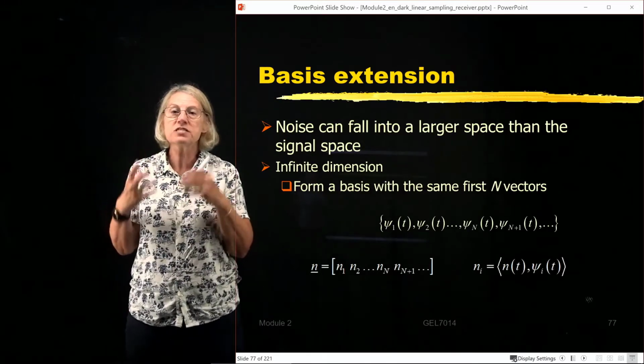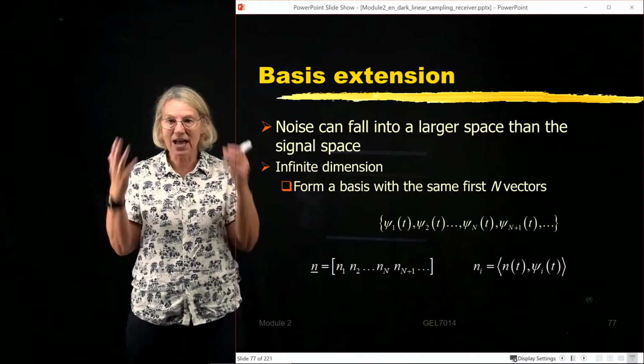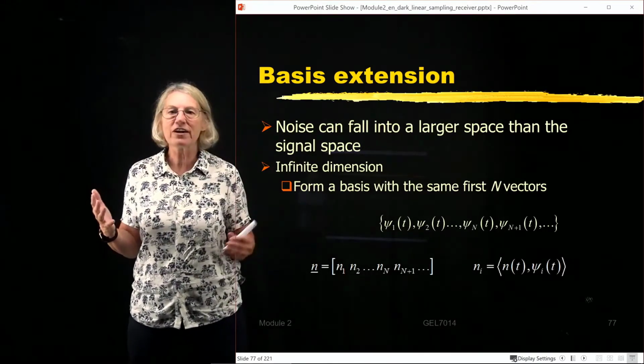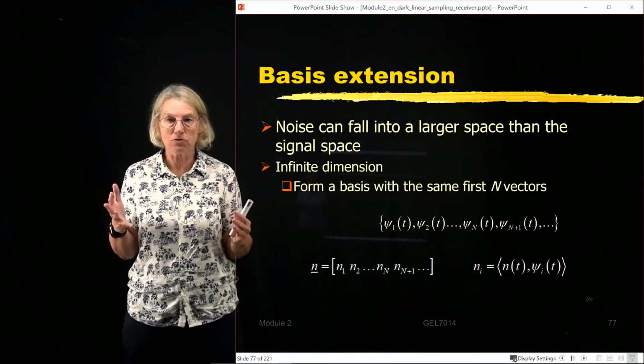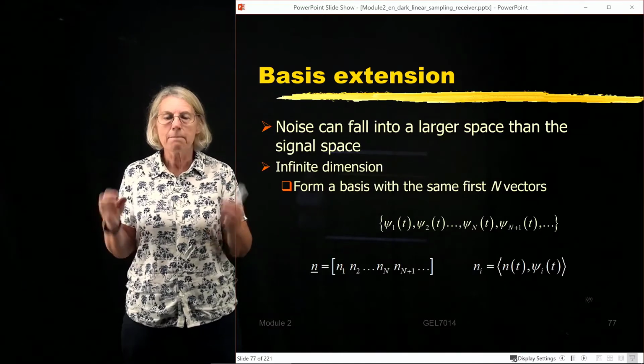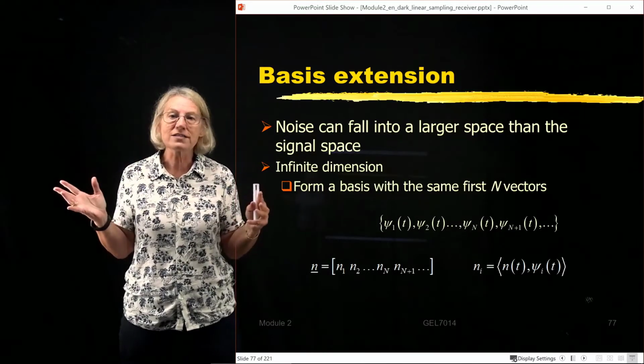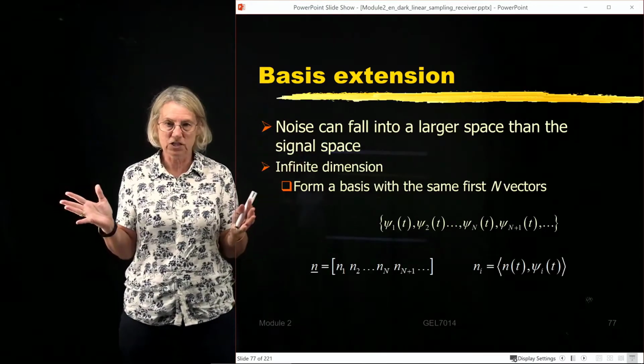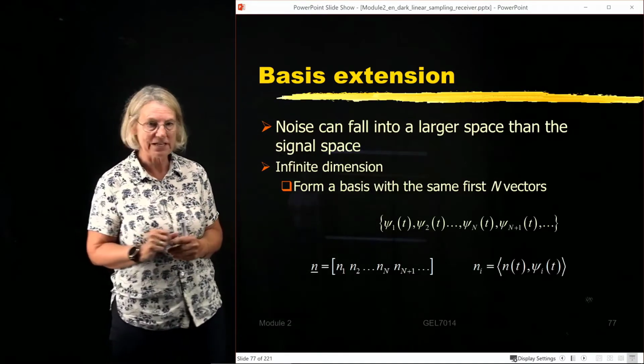Remember, I'm choosing m symbols, giving m time-varying representations for those symbols, and because it's a finite number, I can represent them in a finite dimensional space. But the noise is a random process, and it can just go anywhere. It can look like anything, so that's why it's infinite dimensional.